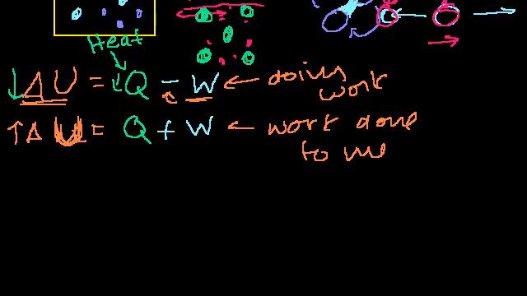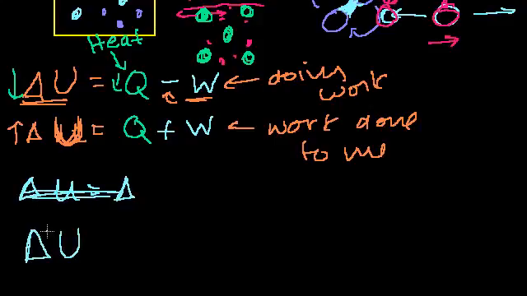You might see change in internal energy, capital U, is equal to, sometimes they'll write a delta Q, which kind of implies change in heat. But I'll explain in a future video. Well, that doesn't make full sense, but you'll see this a lot.